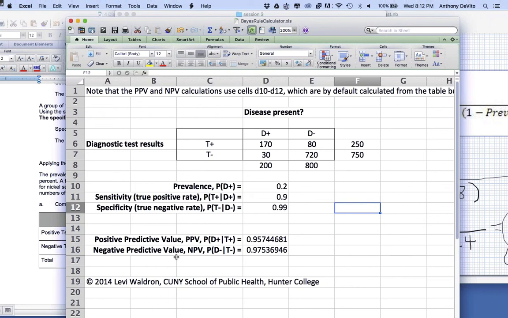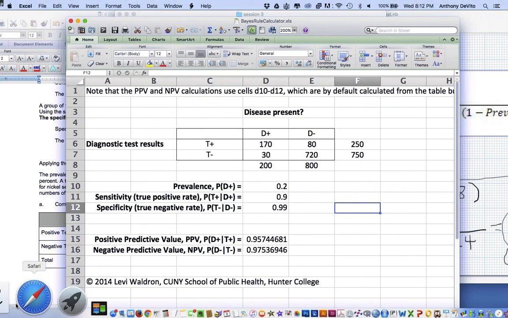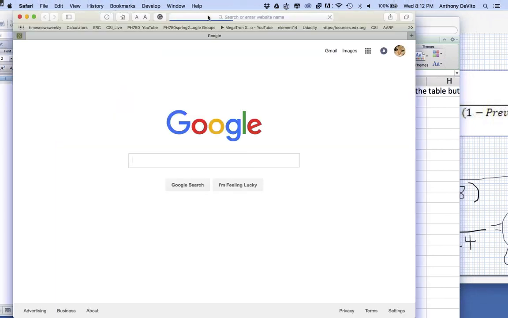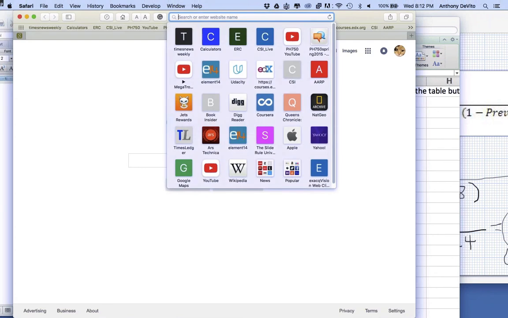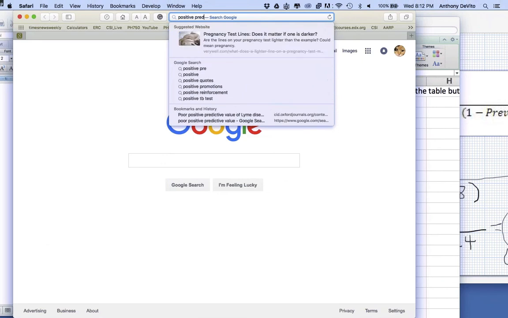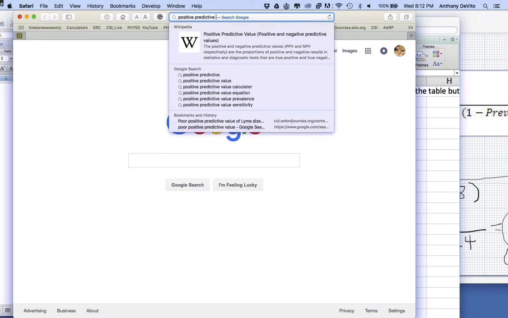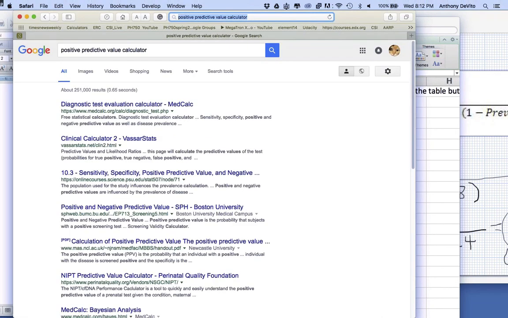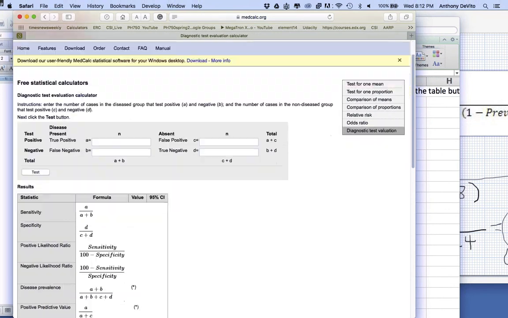And that will include, for instance, if I go onto the internet right now, I can see if I can find a positive predictive value calculator. Diagnostic test evaluation calculator. Here we go.